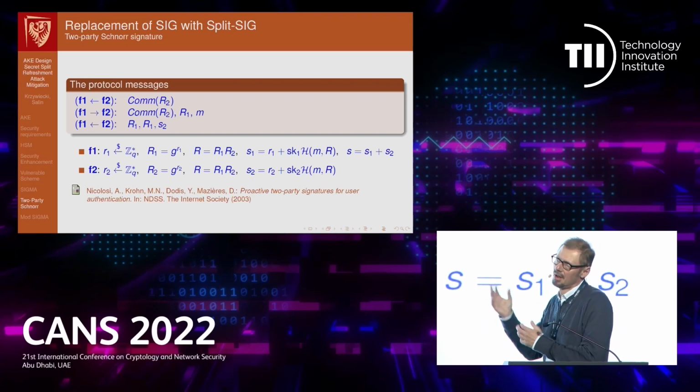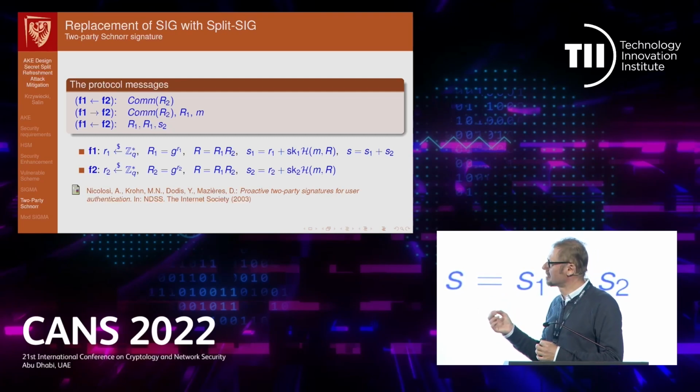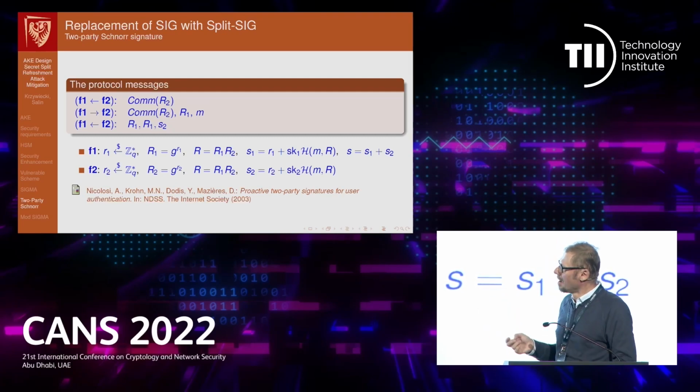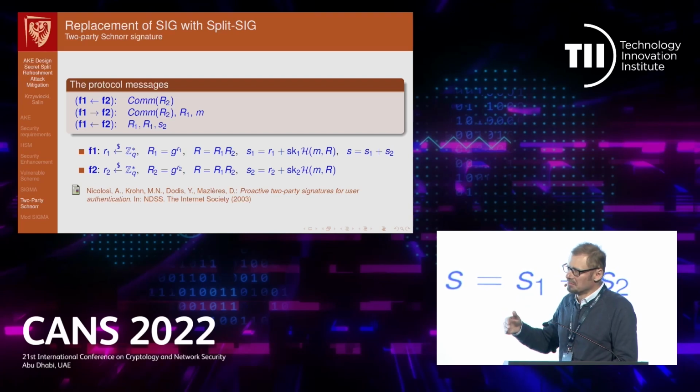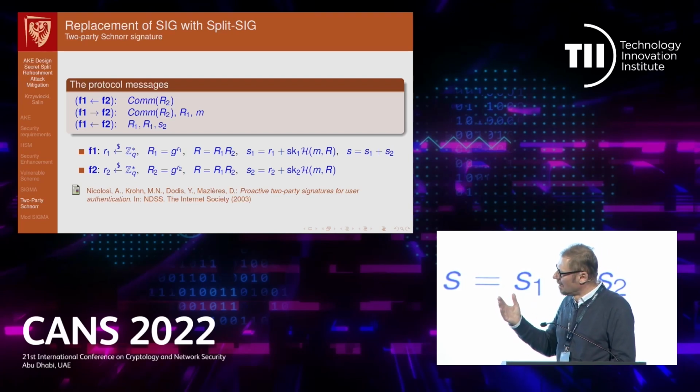Of course, BLS signatures use pairing-based cryptography. That's why it's, let's say, more heavy. They would require a smaller number of messages exchanged between HSMs. Here we have a 3 round protocol between HSMs, but it's more lightweight than BLS. So it's like a Schnorr version for multi-signatures.